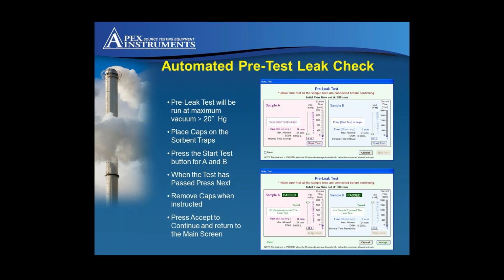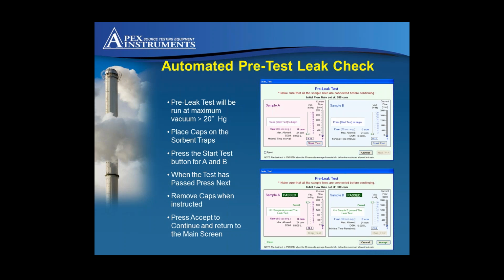Depending on how long the train is, if it's going up and down the stack, it takes about a minute to a couple of minutes, depending on the configuration that the customer has purchased. And like I said, once it's passed, it gives you the all clear to go ahead and proceed.